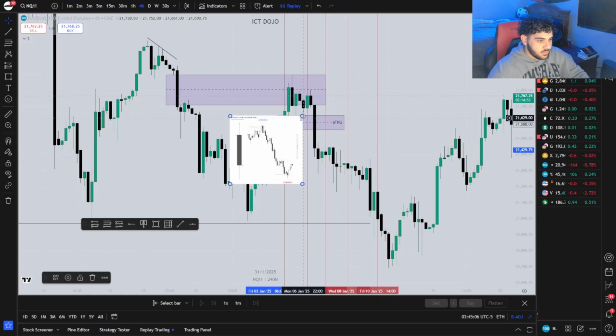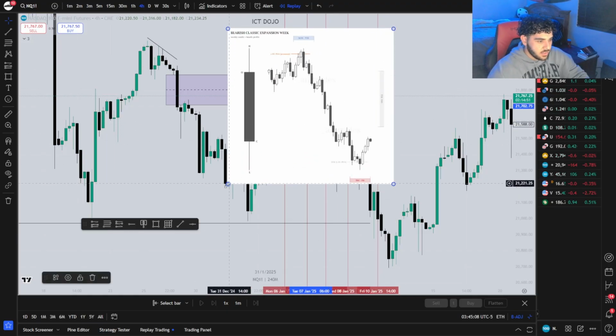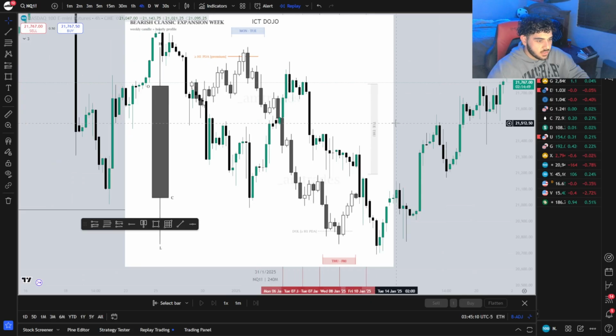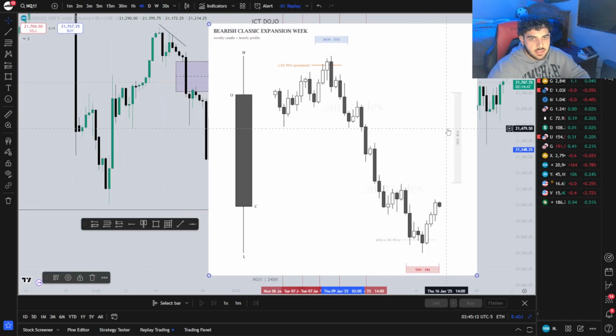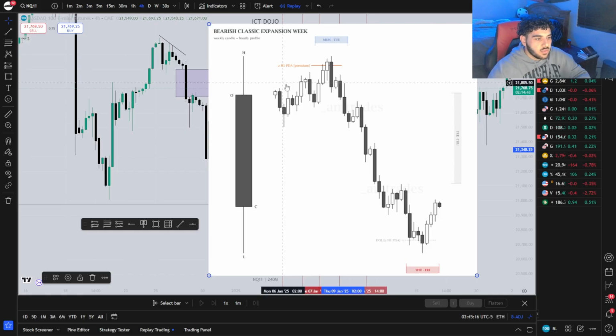So I have a little picture right here, and it shows exactly this model. This is just a classic bearish expansion week. So Monday to Tuesday, delivering off an hourly or higher, so hourly, 4 hour, or daily bearish fair value gap in this instance.